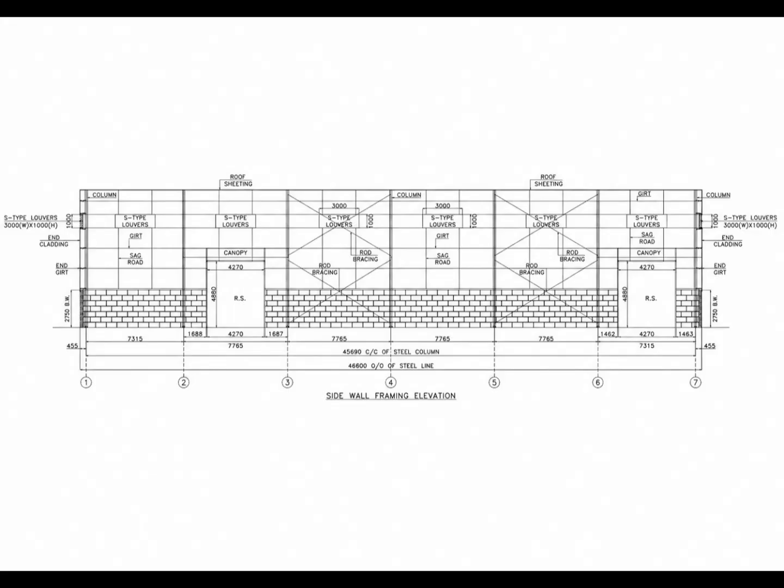Remember, our final objective is not just to read this 2D drawing. We want to understand how the same information appears in a real PEB 3D model. In the 2D side wall elevation, the sag rod is represented as part of the framing arrangement.